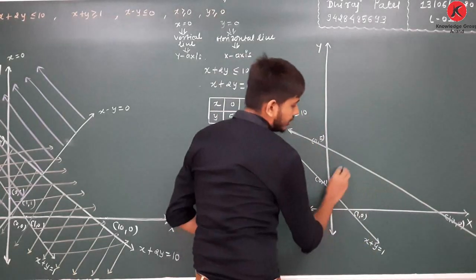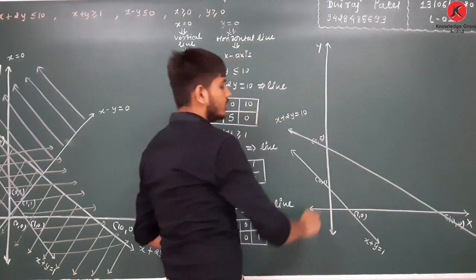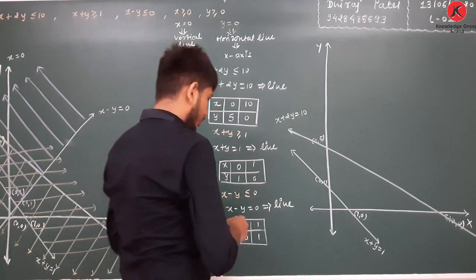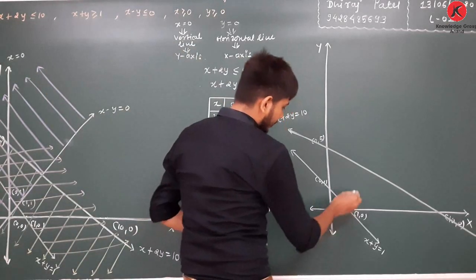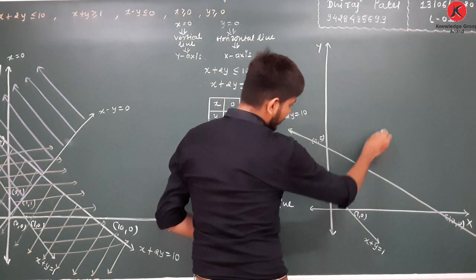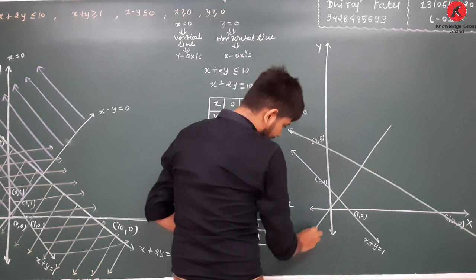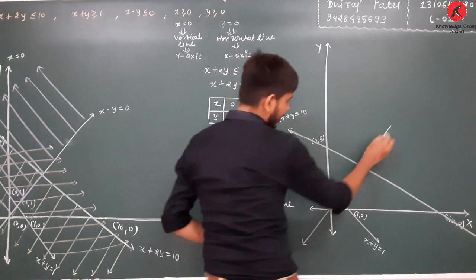Now draw the third line, x minus y equals to 0, passing through the origin and making an angle with the positive direction of the x axis. It is also called the identity function graph.